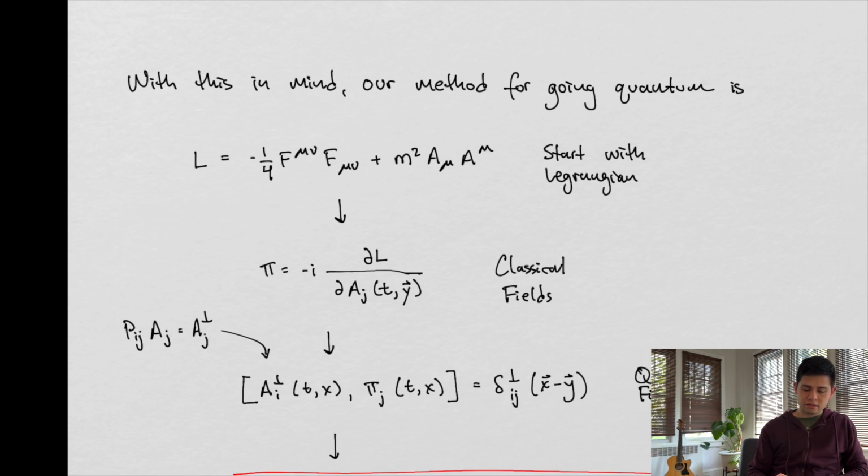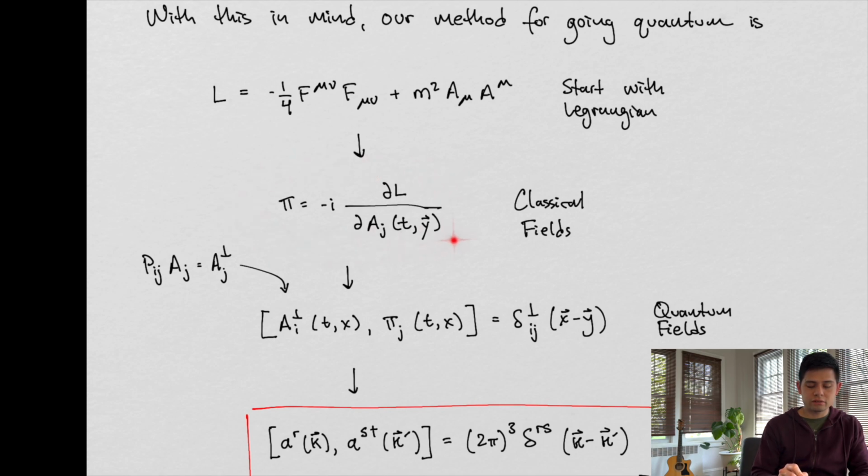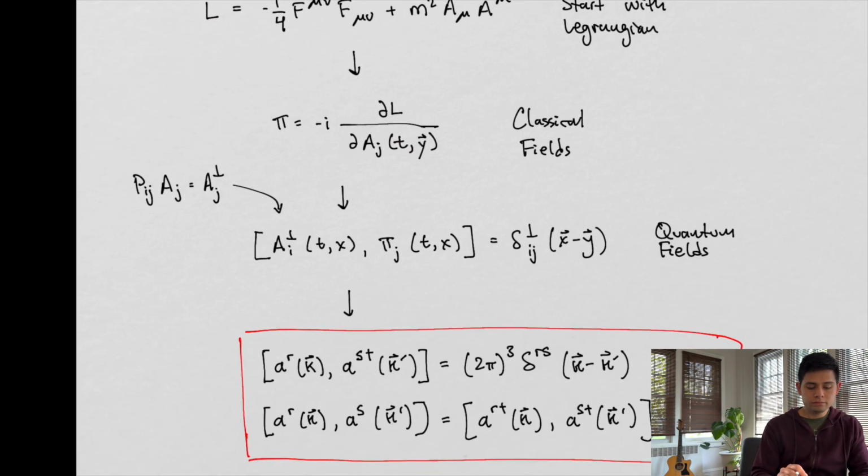So with this in mind, our method of going quantum is going to be as follows. We had our Lagrangian, something we studied in depth back in chapter 4. We started with our Lagrangian, right? We then had our classical fields, so within our classical conjugate momentum, which is a derivative with respect to our solution, we applied that to the Lagrangian.